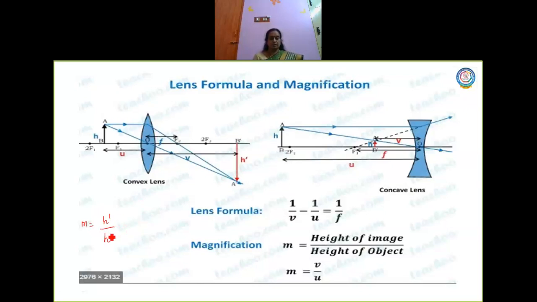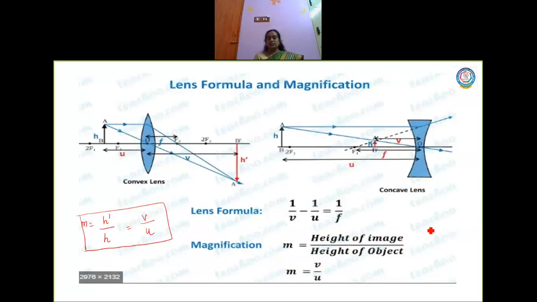This is also equal to the ratio of the image distance by the object distance. This is also the formula for magnification which is mentioned here.